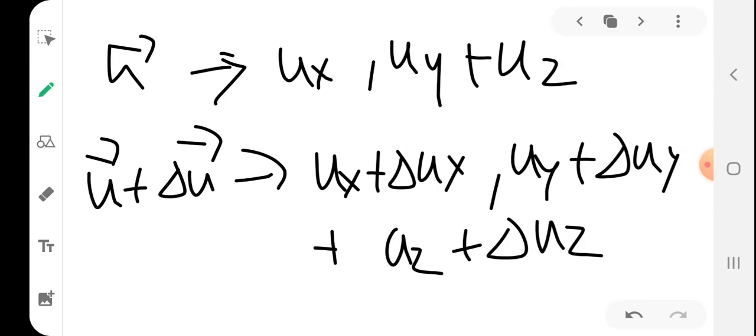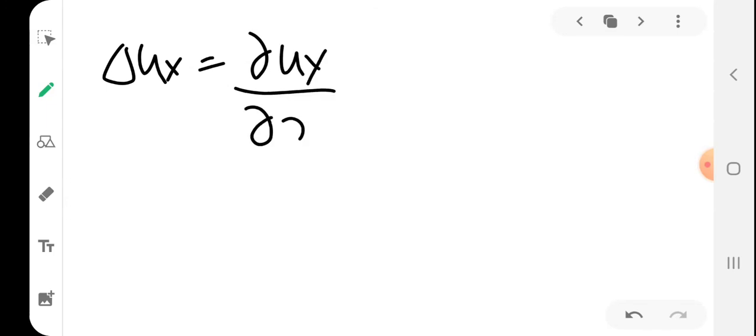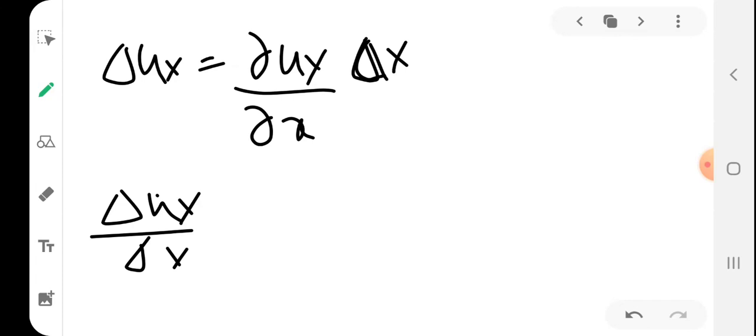Now I can write delta ux as dou ux by dou x into delta x. You might have learned this method of approximation in your maths class. Delta ux by delta x can be approximated as dou ux by dou x.